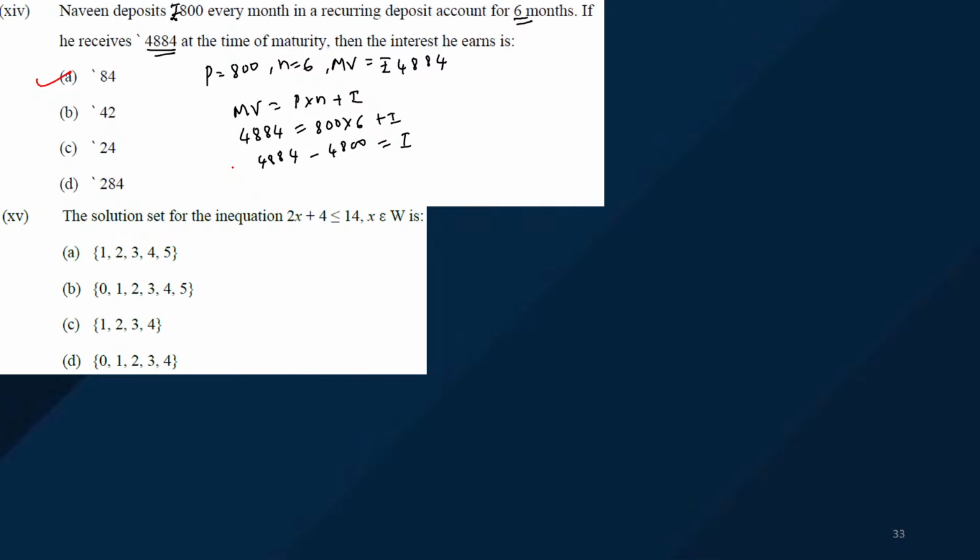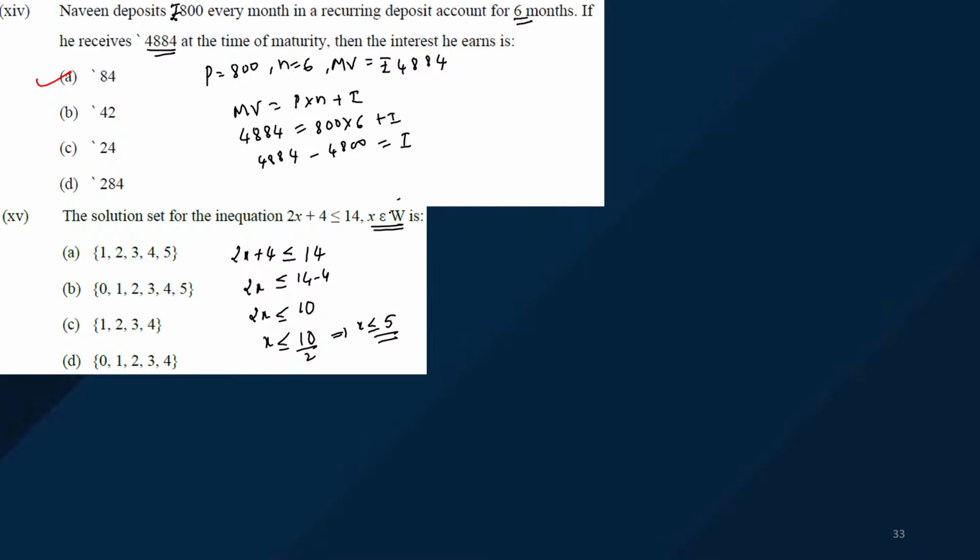The solution set for the inequation. Now I'm going to solve this one. x belongs to the set of whole numbers. So 2x plus 4 is smaller than or equal to 14, then 2x is smaller than or equal to 14 minus 4, then 2x is smaller than or equal to 10, then x is smaller than or equal to 10 divided by 2, that implies x is smaller than or equal to 5.